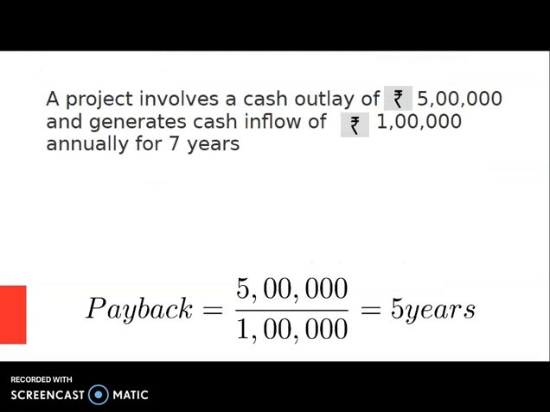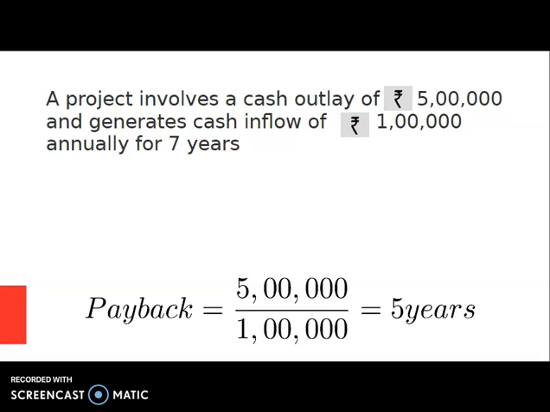Now look at this example. A project involves a cash outlay of rupees 5 lakh and generates cash inflow of rupees 1 lakh annually for 7 years. Okay, so here your initial investment is rupees 5 lakh. You are getting rupees 1 lakh annually. That is, your inflow is the same. You're getting the same rupees 1 lakh at the end of every year for 7 years.